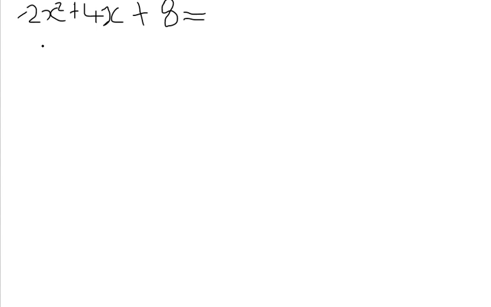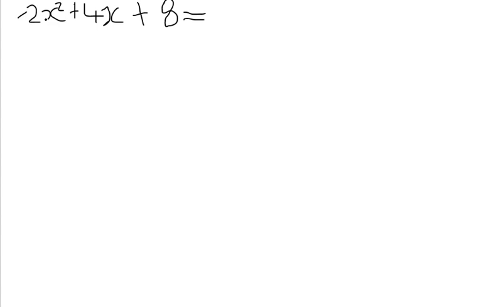We need to perform some algebra here before we apply that. We need to make sure that the coefficient of x squared is always positive 1 for us to apply the procedure we used on the previous problem.